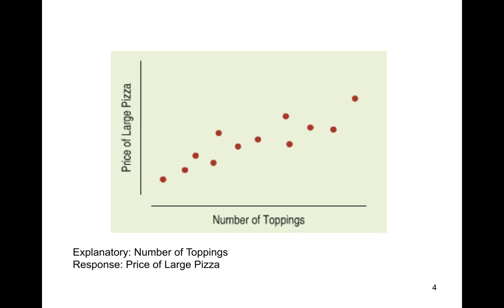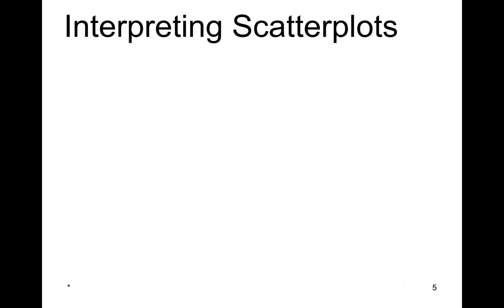And you can see this is a positively sloped scatter plot. So in general, the scatter plot shows that as we increase the number of toppings, the price will also increase. And that certainly makes sense, that if we have more toppings on a pizza, the actual cost of the pizza is going to be higher.